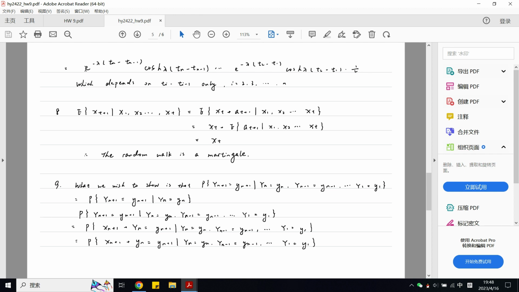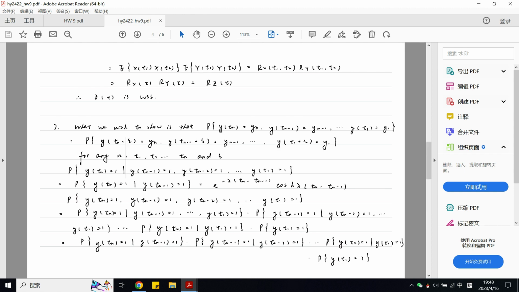And this probability depends on t_i minus t_{i-1} when i equals 2, 3, ..., n.